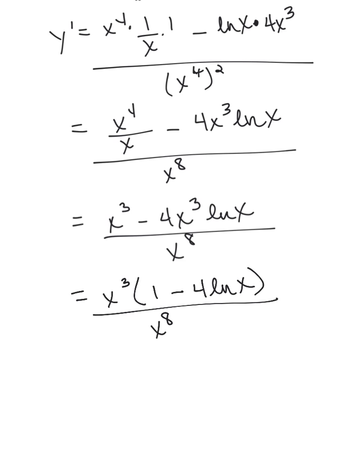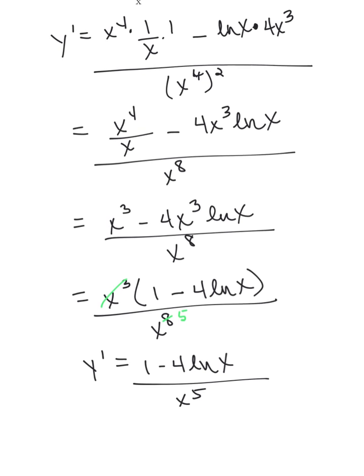So what's going to happen is the x cubed will go away. We'll take out 3 of the 8 and leave 5 of them. So the final form of my derivative will be 1 minus 4 times the natural log of x over x to the 5th.